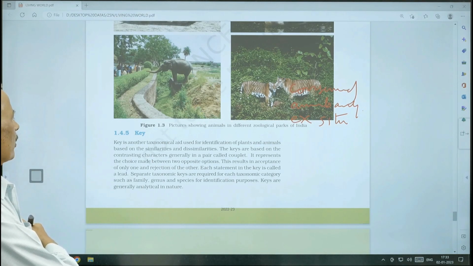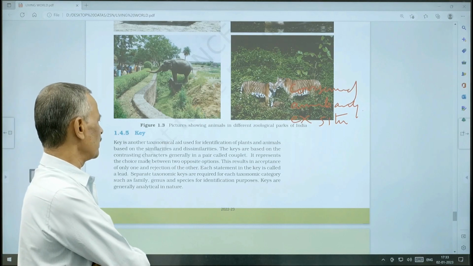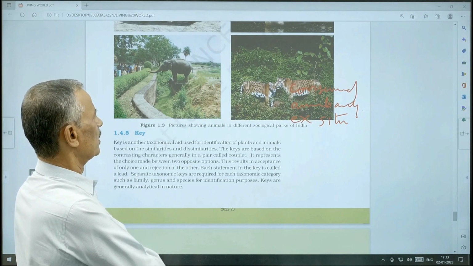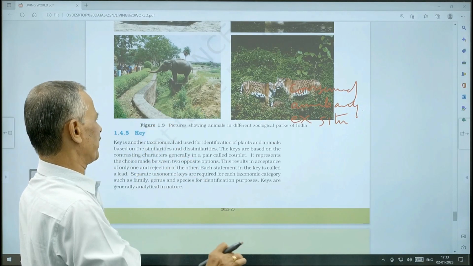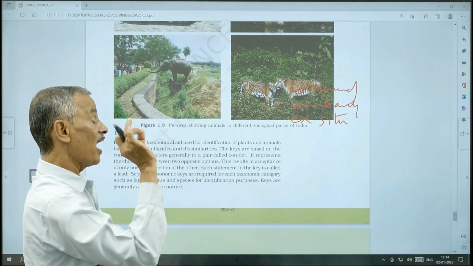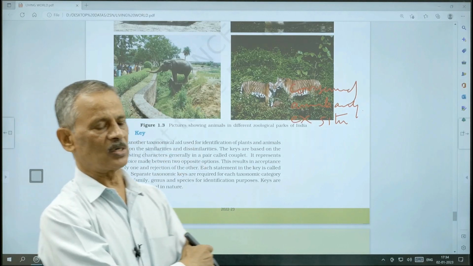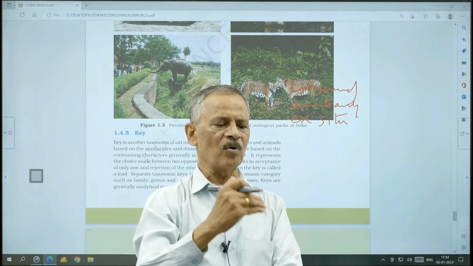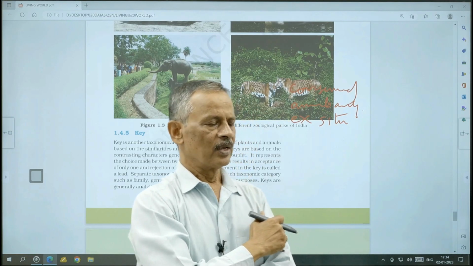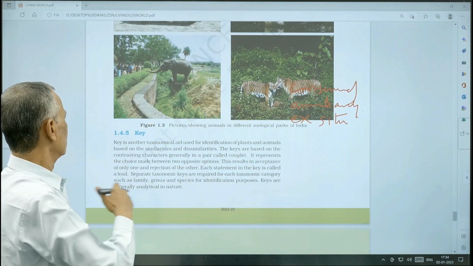Keys are based upon similarities and dissimilarities. Keys contain information in an analytical way. All information is arranged in the form of a statement or lead.